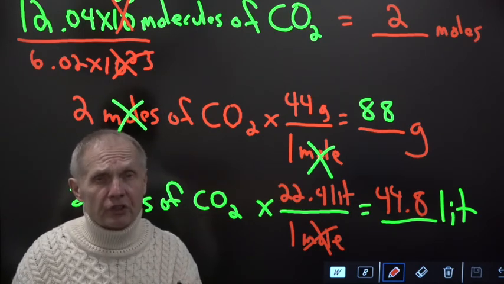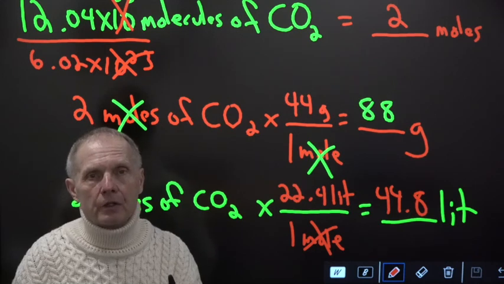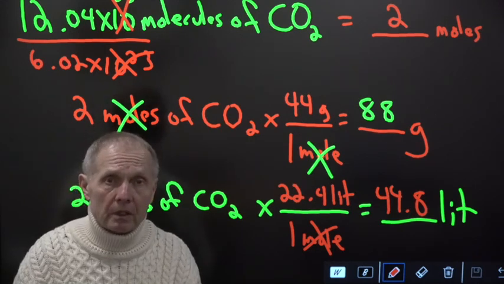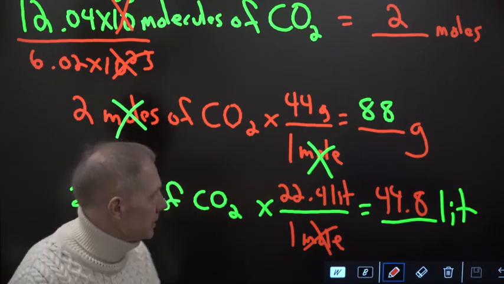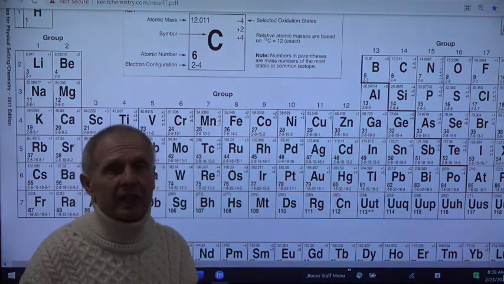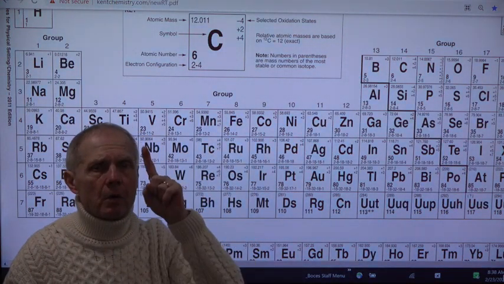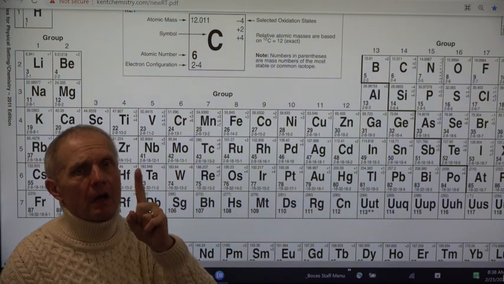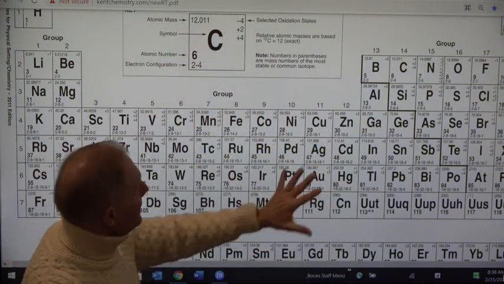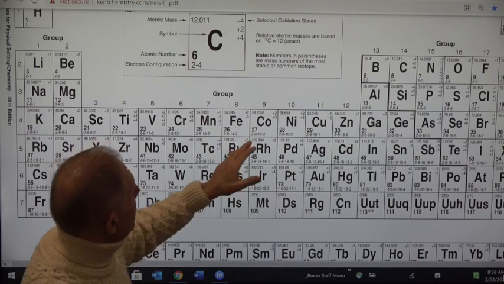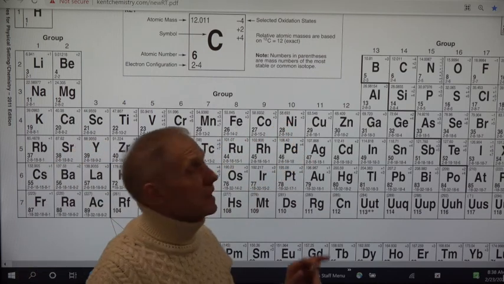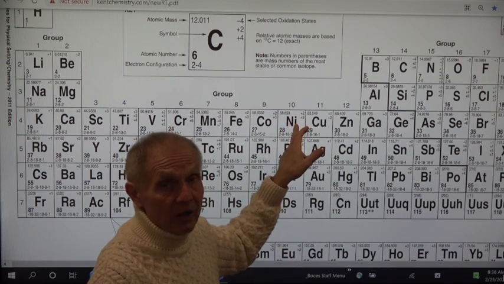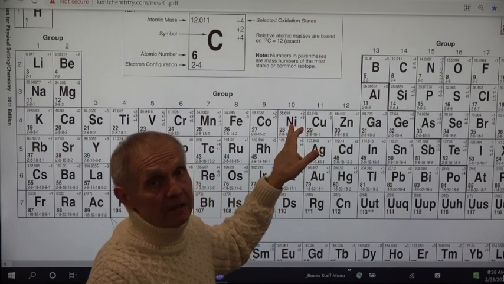So this is just a start on how to use Avogadro's number. And remember Avogadro's number, 6.02 times 10 to the 23rd. And remember the best thing about Avogadro's number: if you have 1 mole of atoms of any element, instead of saying nickel weighs 59 atomic mass units, now you can say nickel weighs 59 grams.